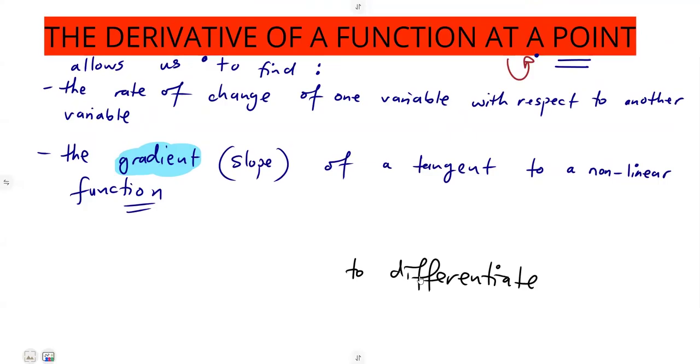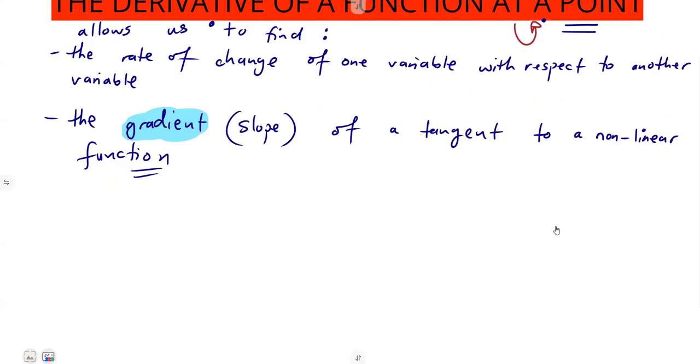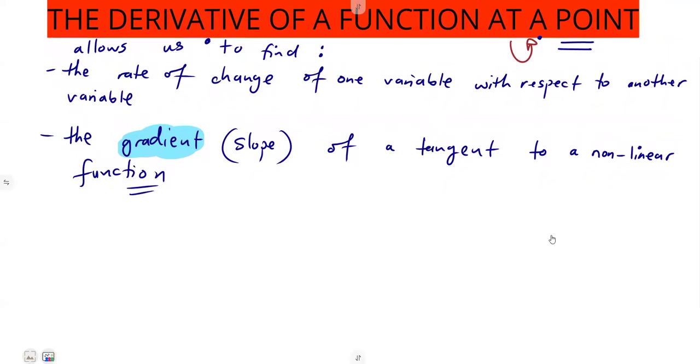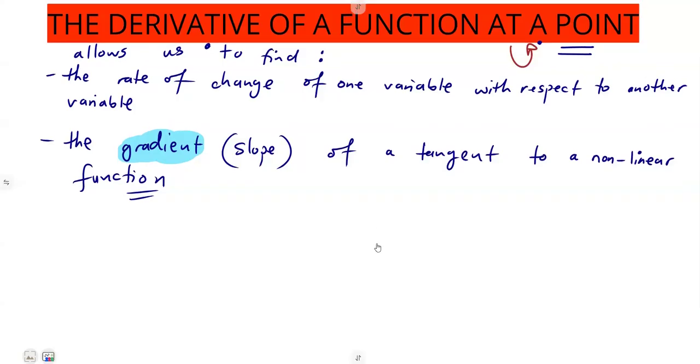Whenever we're talking about differentiation, it is to find the gradient, it is to find the rate of change. There are ways that we're going to talk about later on: the first principles, the general rule, and also we are going to apply it in the cubic function properties, sketching of the cubic function, this and that.